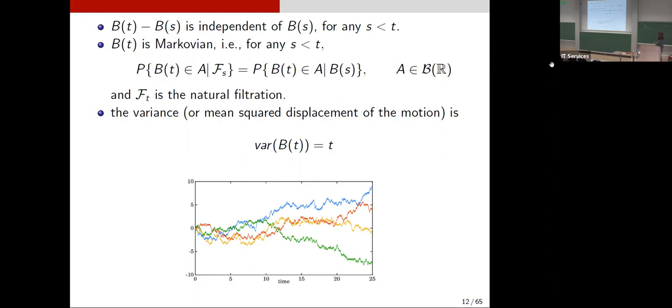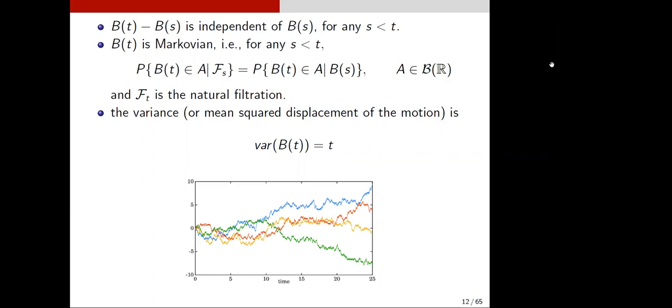And also the Brownian motion is said to be Markovian in this sense: the knowledge of the past history of the process influences the probability of being at time t at a certain point or in a certain interval only through the last known position, for example at s less than t.